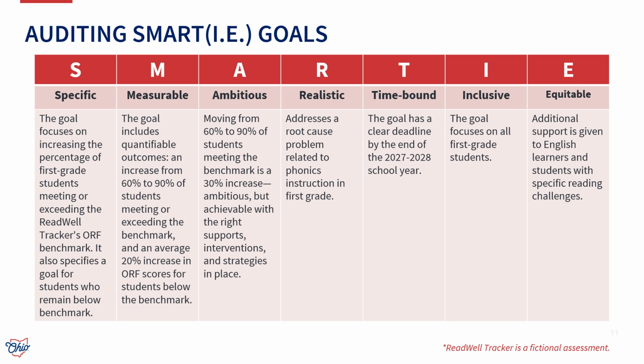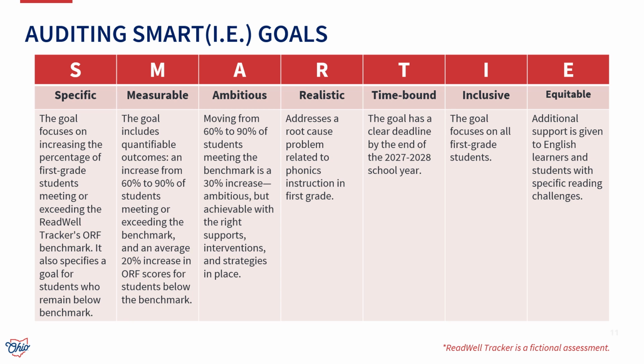Is the goal ambitious? Moving from 60% to 90% of students meeting the benchmark is a 30% increase. Ambitious, but achievable with the right supports, interventions, and strategies in place. Is the goal realistic? The goal addresses a root cause problem related to phonics instruction in first grade. Is the goal time-bound?